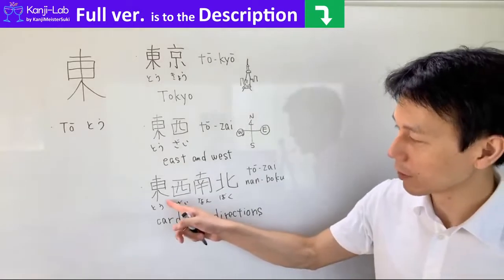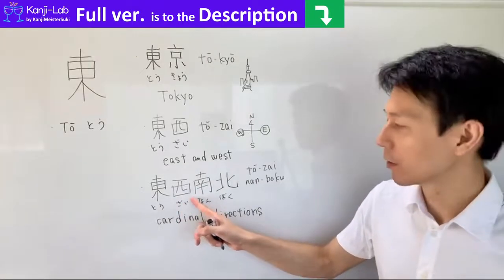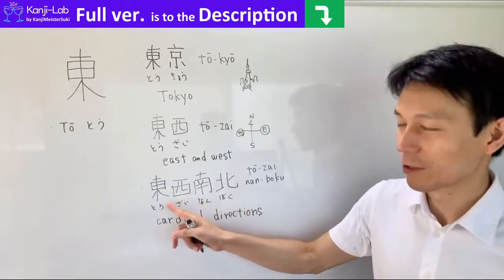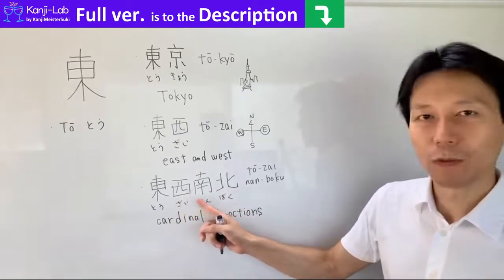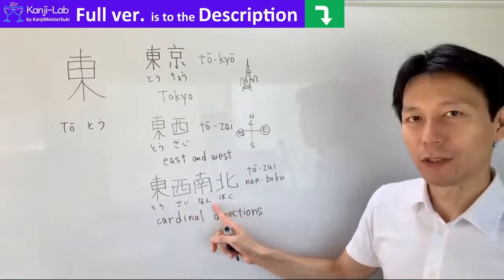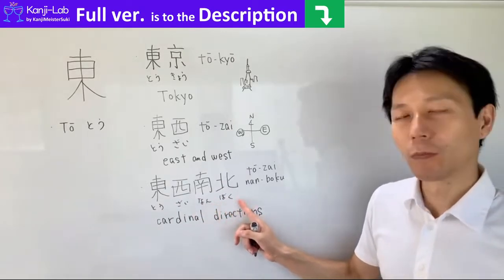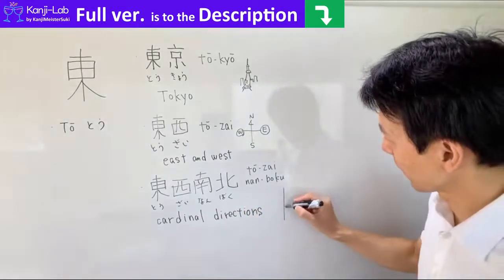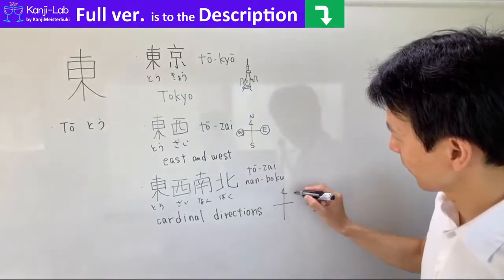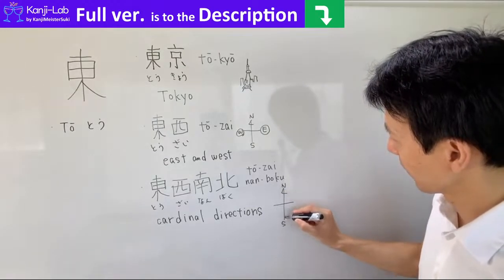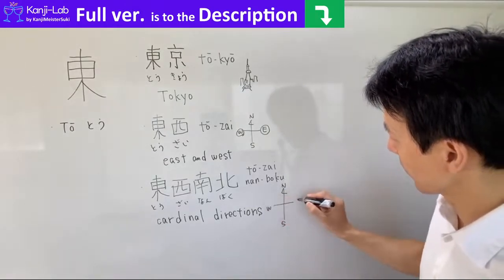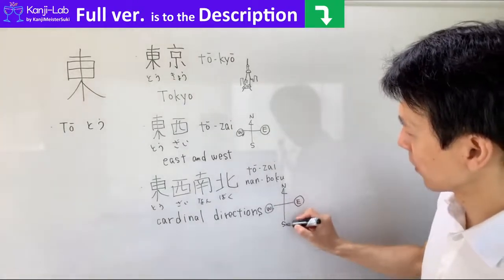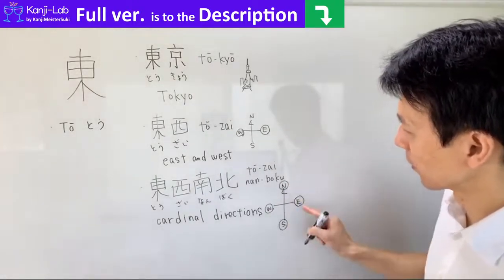To means east. Zai means west. Nan means south. Boku means north. Tozai, Nanboku.